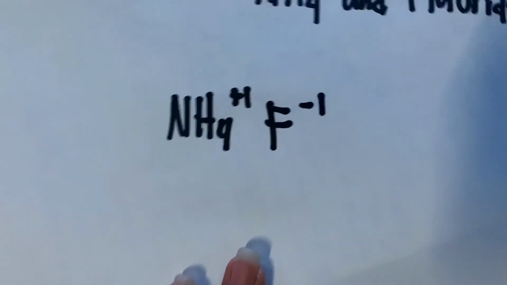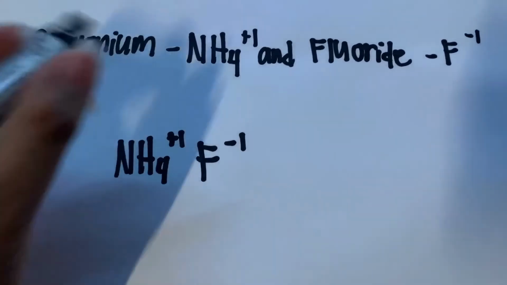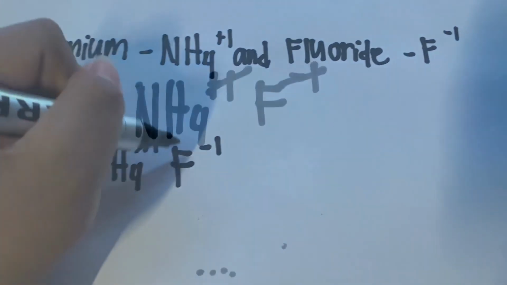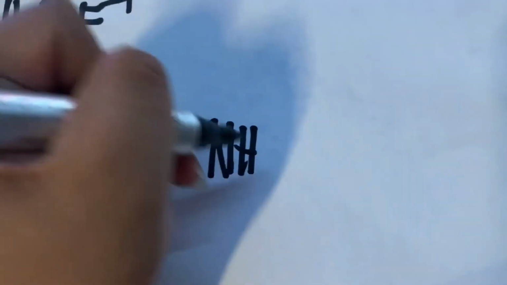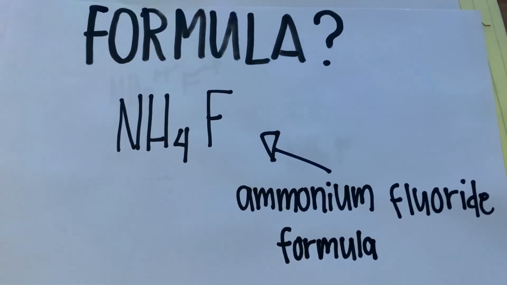To get the formula of ammonium fluoride, you just need to cancel these charges. Write it like this. That is the formula of ammonium fluoride.